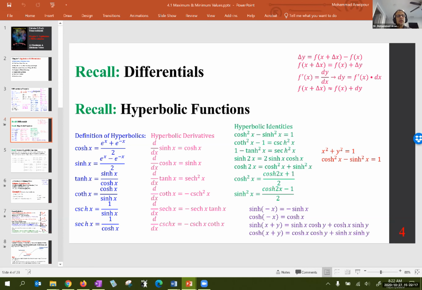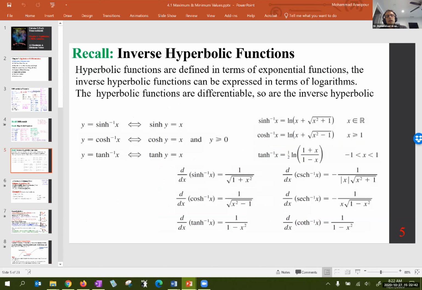Then we looked at hyperbolic functions, their definitions, identities involved, and the derivatives involving hyperbolic functions. The synopsis of it can be found here. The inverse functions, we just covered that.